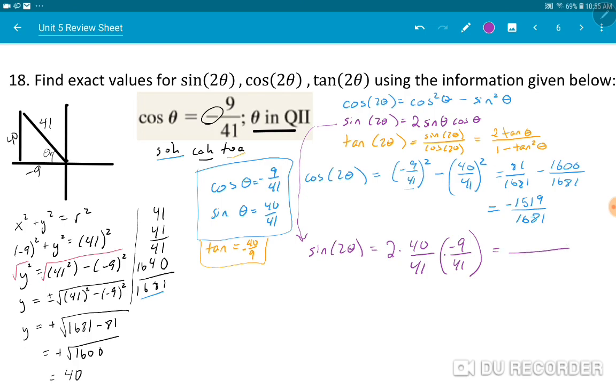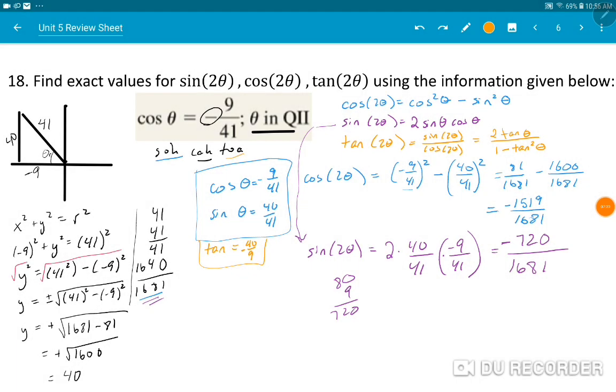The 41 squared I already figured out is 1681. Then 40 times 9 times 2, I'm going to have a negative. 2 times 40 is 80, and 80 times 9 is 720. So that should be sine.